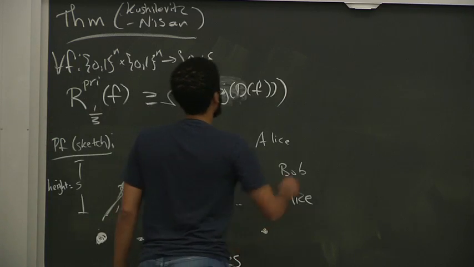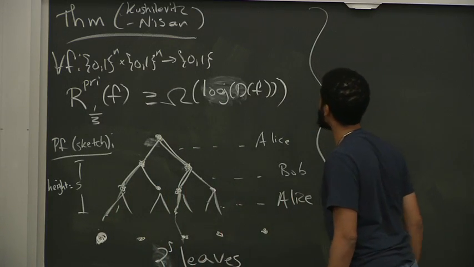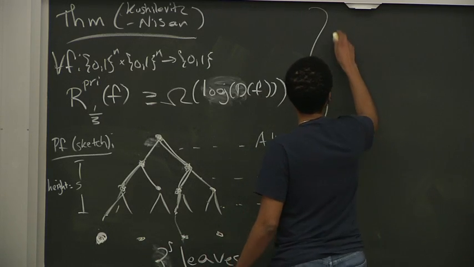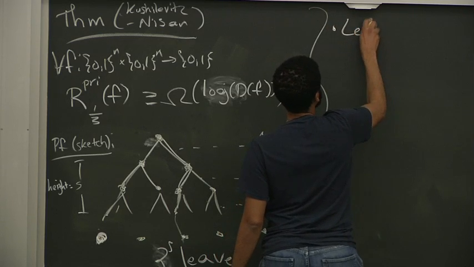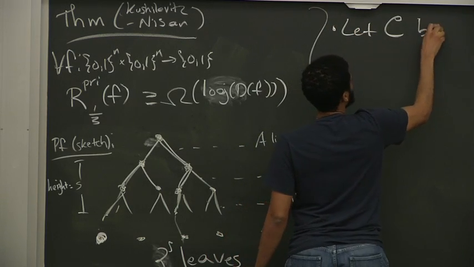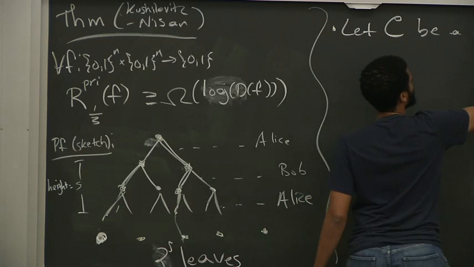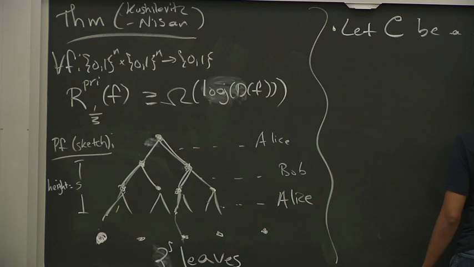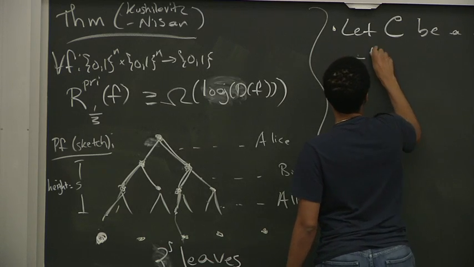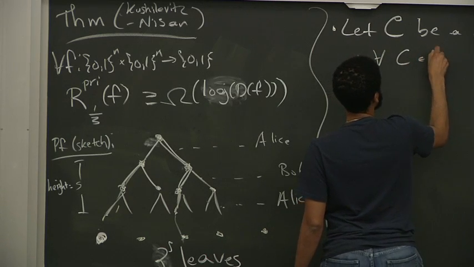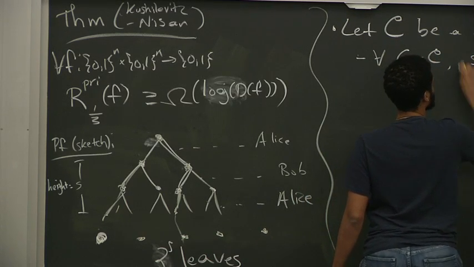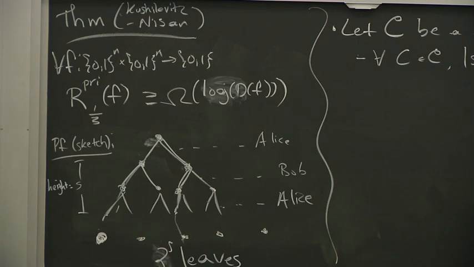Okay. Good. So now that we have that, remember that we said, just like before, let C be a subset of {0,1}^n, such that for all c in C, the support size is exactly n over 100 or something.